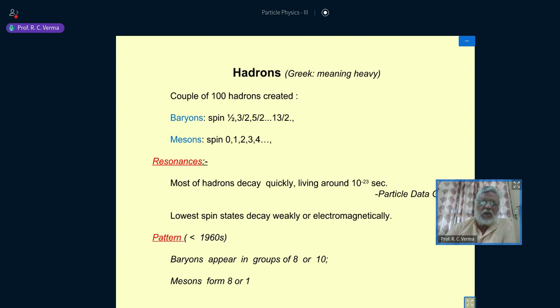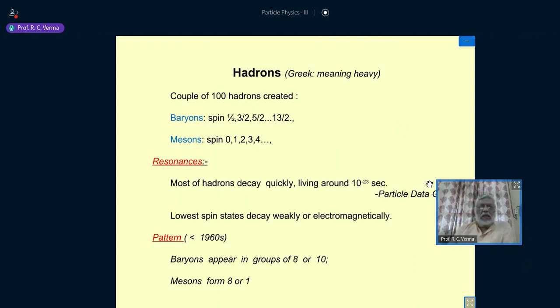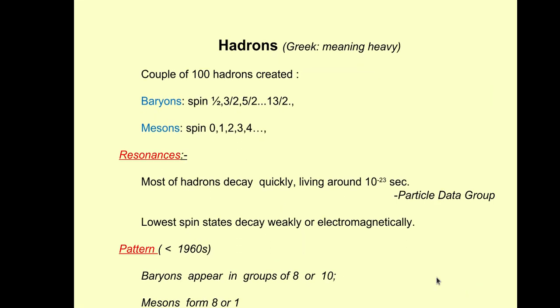So with this we come to hadrons. Hadrons are a bit strange. In Greek it means heavy. There are a couple of hadrons created, and as I have already shown you in the list, baryons with spin half, spin 3/2, spin 5/2, up to 13/2 have been seen. To the best of my knowledge, every day sometimes comes a new surprise.